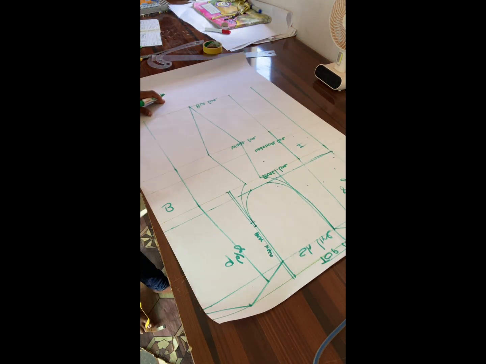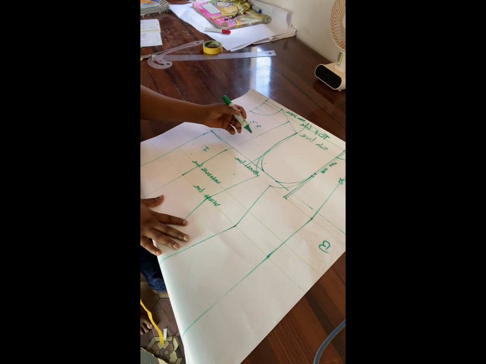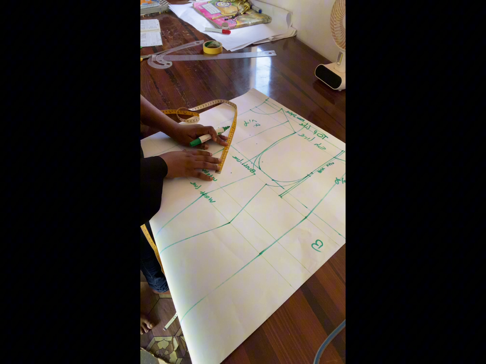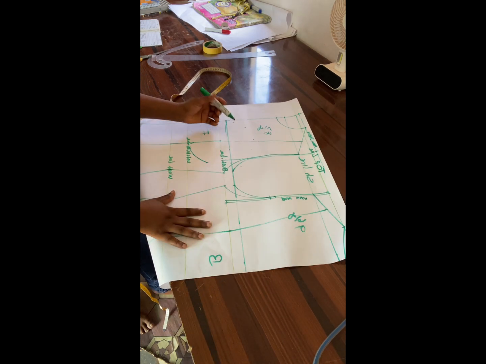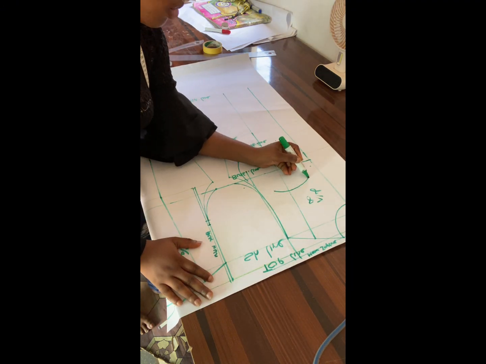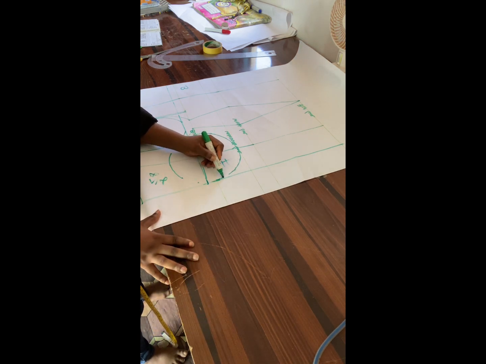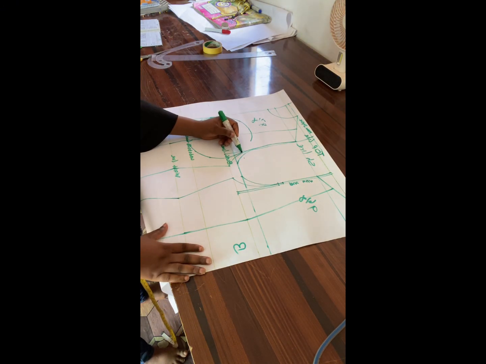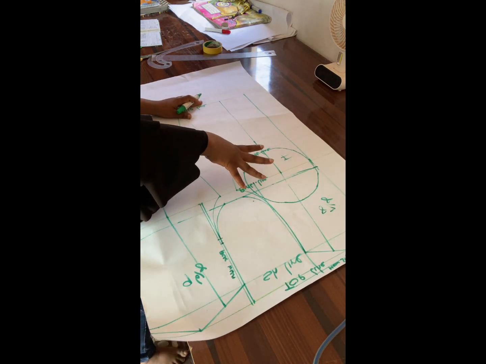Now that I've gotten this, the next thing we're going to do is use these marks to form a circle. So this is it. This is the bust area.